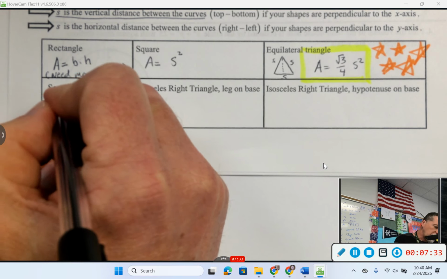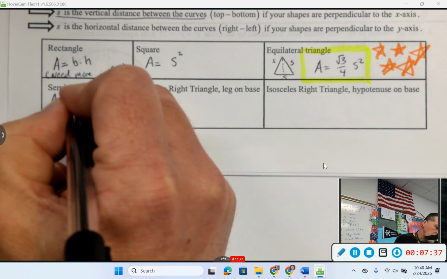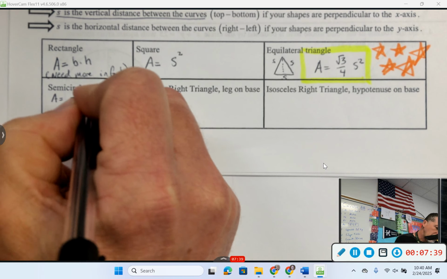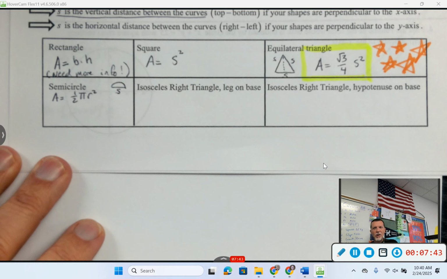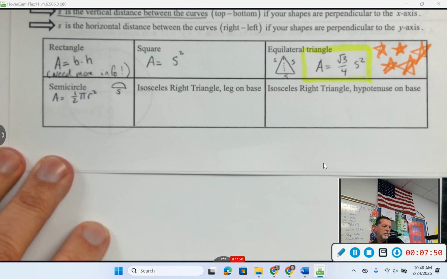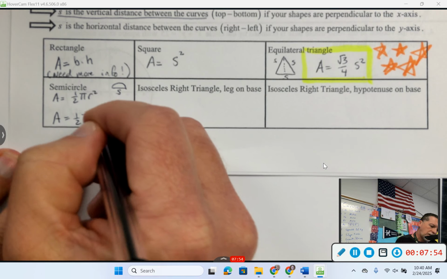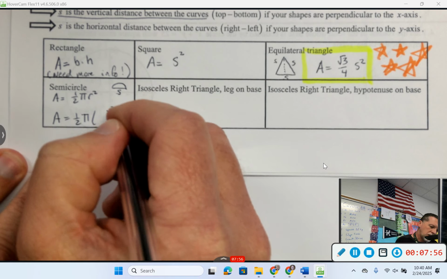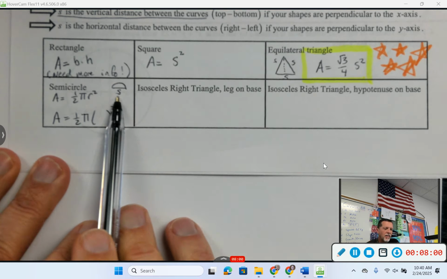What's the area of a semicircle? 1/2 pi r squared. Yes, not wrong. But what if I don't know r? What if I know the diameter? 1/2 pi times... What's the radius of this circle?